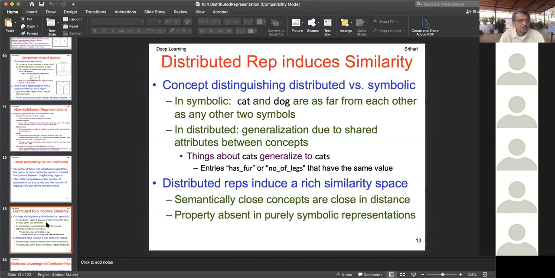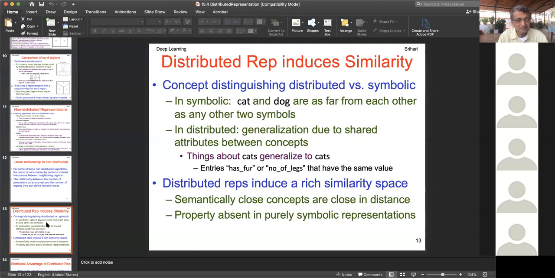Maybe cat and dog come across as having features such as has fur or number of legs is 4. So these concepts are induced by the hidden layers. So distributed representations induce a rich similarity space. Semantically close concepts are close in distance, a property that is absent in purely symbolic representation.